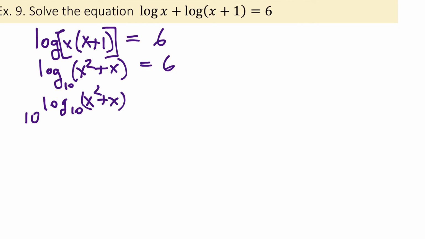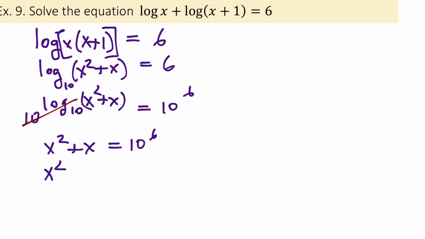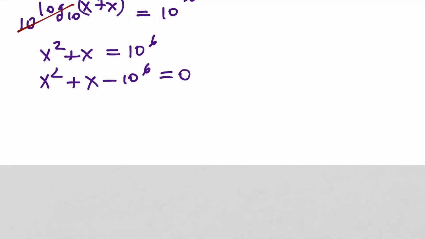On both sides, so that's 10 to the 6th. So that allows us to cross this out. So we have x squared plus x is equal to 10 to the 6th power. That's a quadratic. We need to move everything over to one side and set it equal to 0 and use the quadratic formula. All right, so let's set that up.